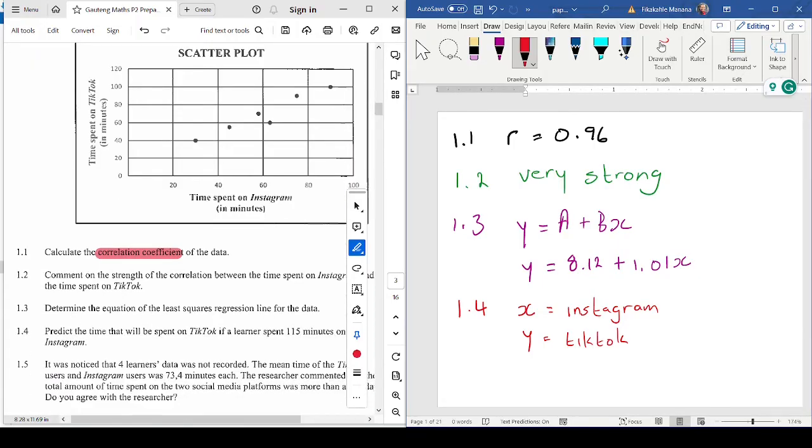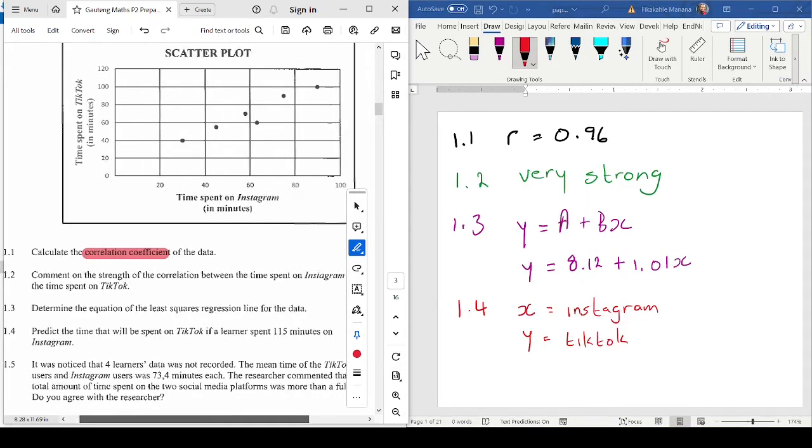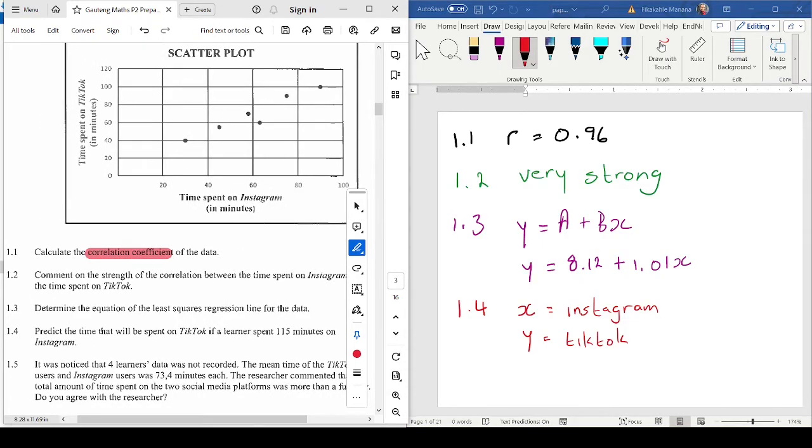So the question says predict the time that it will be spent on TikTok if a learner spent 115 minutes on Instagram. So for the value of X, that's where we have 115, and Y is the one that we're looking for.